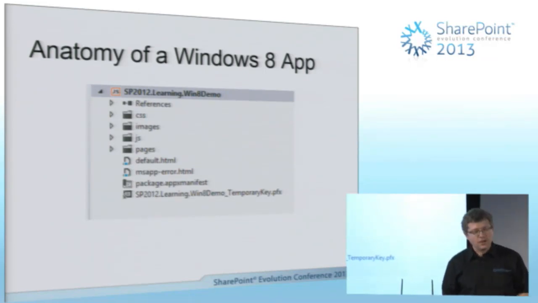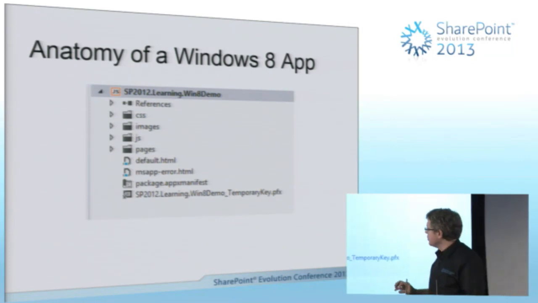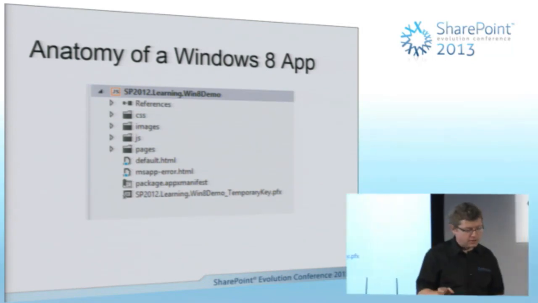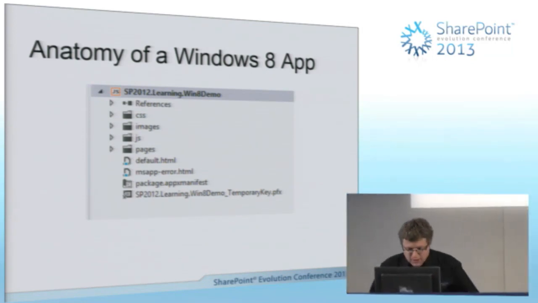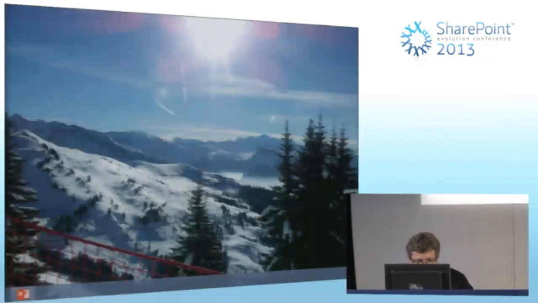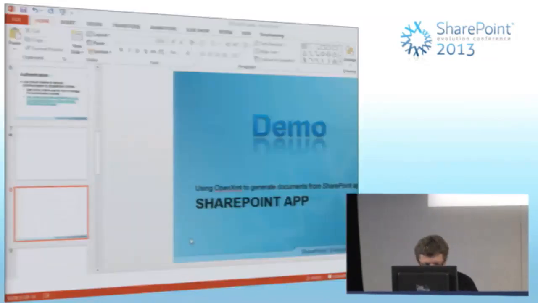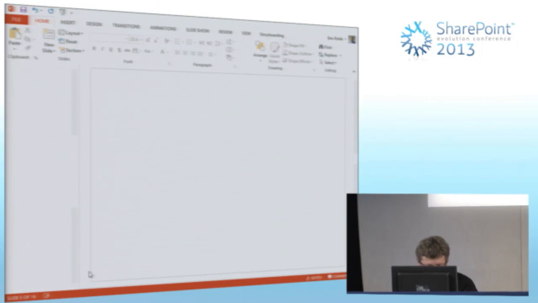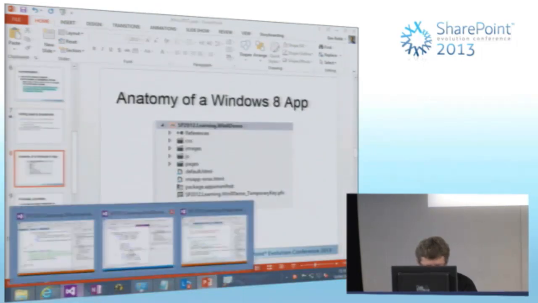Okay. So I'm going to spend a bit of time just walking through what a Windows 8 app looks like when you first create it. What I'll do is I'll just start a new project so you get to see.